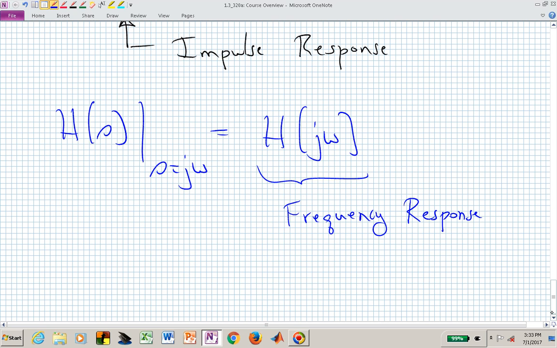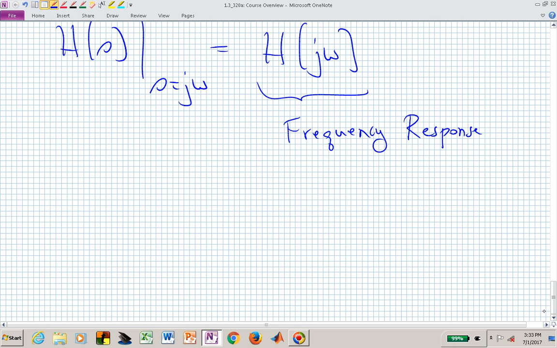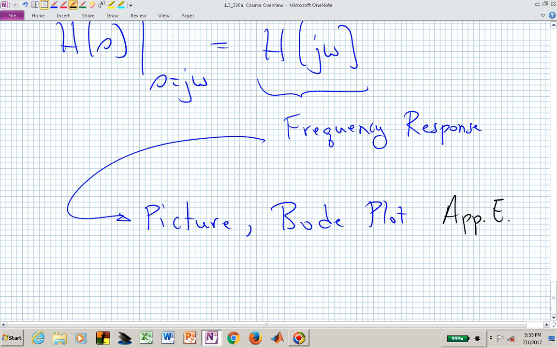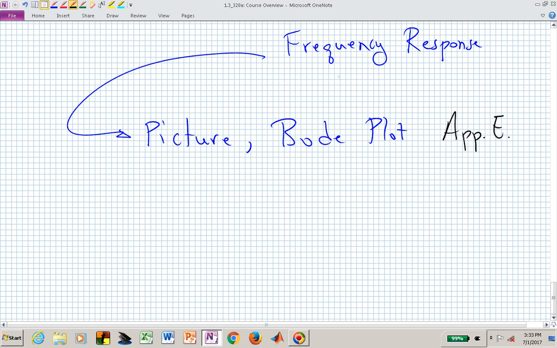We can think about a frequency response, or the picture of that, a graphical description, which we will term the Bode plot, which gives us the magnitude and phase characteristics of our system. And that is where we will jump into the appendix, Appendix E, to talk about the Bode plot or frequency response behavior of a given system.